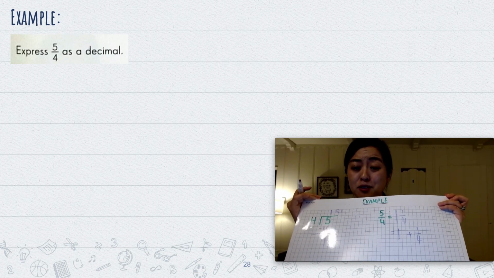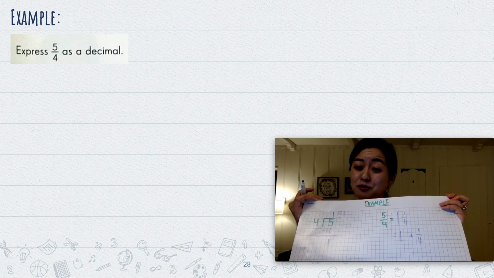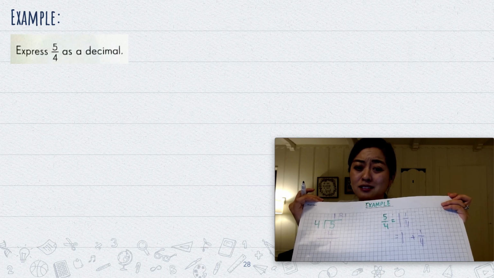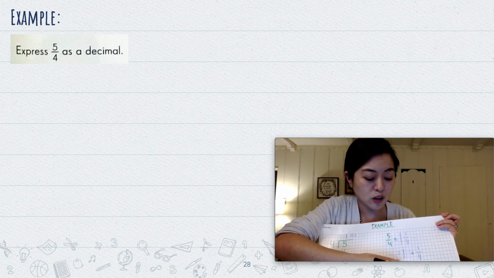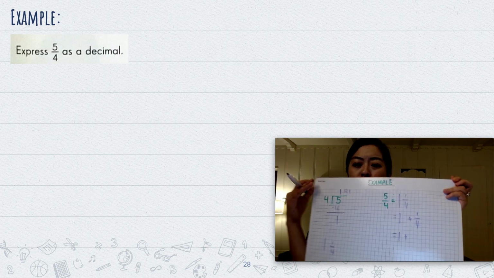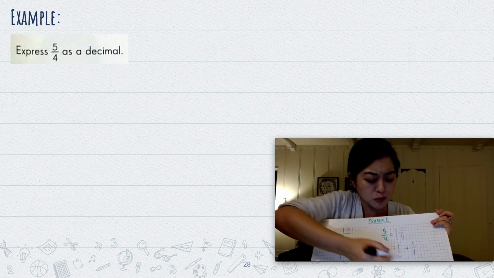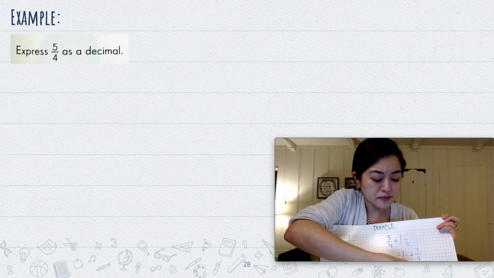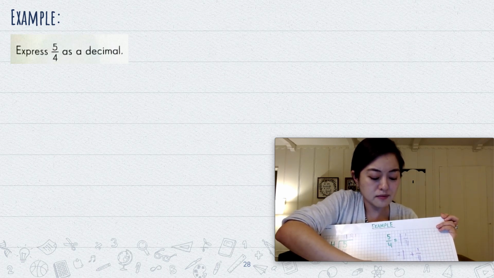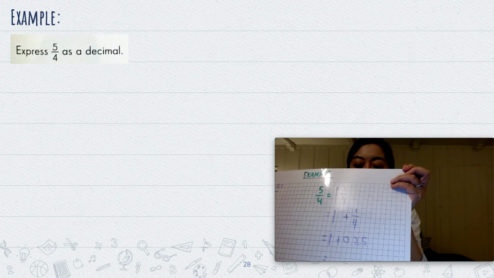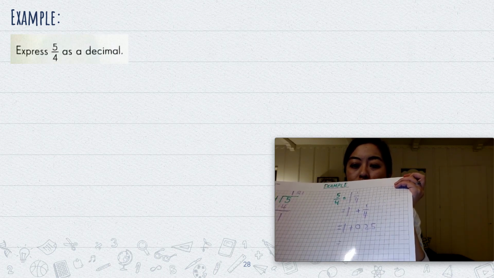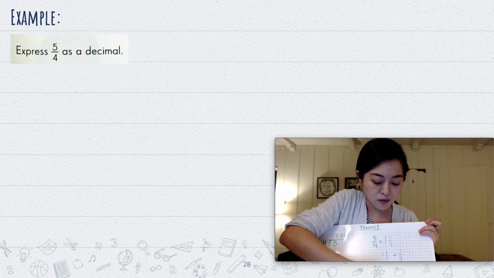Do you remember from our example before? Or I think it was from our guided practice. 1/4 is 0.25. So this is the same thing as saying 1 plus, and what's my decimal for 1/4? 0.25. And so 1 plus 0.25 is 1.25.